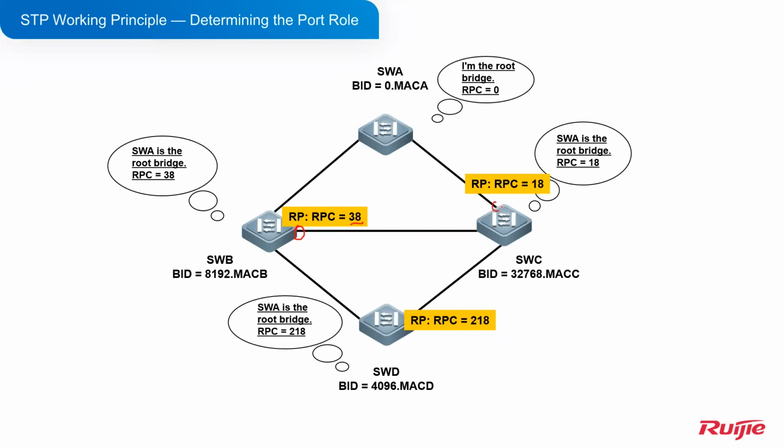The RPC of this port on SWC is 18. While for SWD, let's see. Here, the RPC of this port is 218 because here is 18, here is 200, right? While for the other ports, let's see the figure.